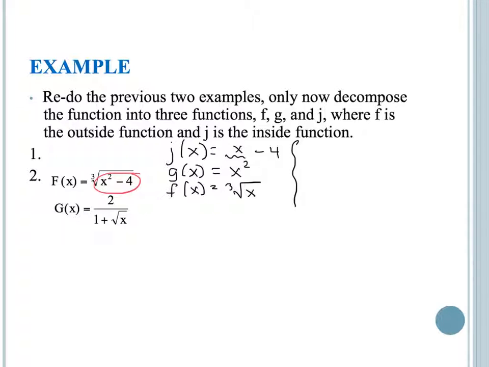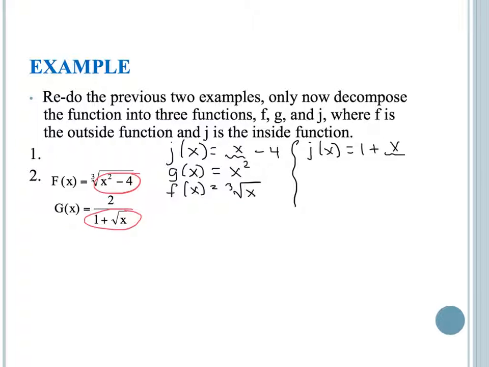For my g of x function, I have to think of breaking up the denominator in some way. So what would be the most basic way to write that denominator? I need 1 plus something, which again I call 1 plus x.